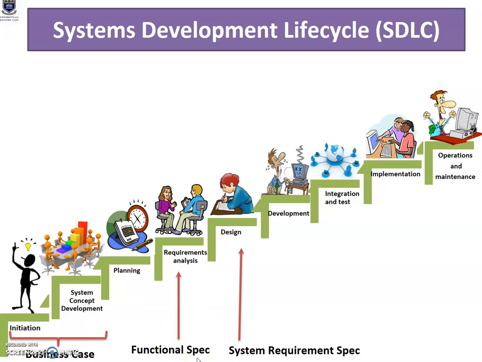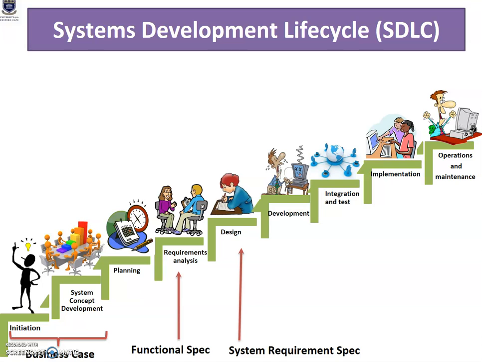Then we move over to the design phase. We will create a systems requirement specification. In this phase, we transform the detailed requirements into a complete detailed system design document that focuses on how to deliver the required functionality.